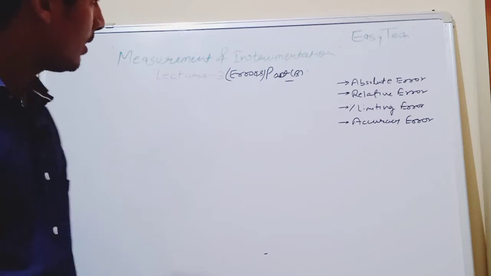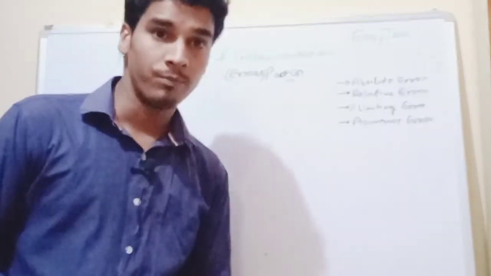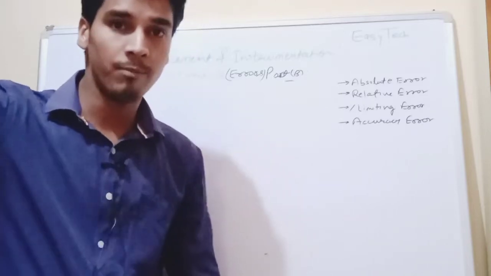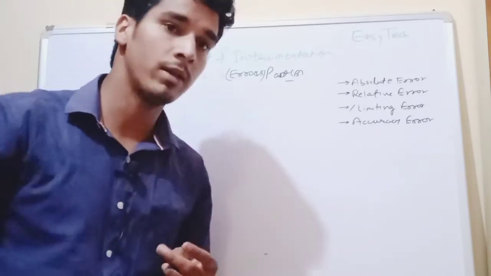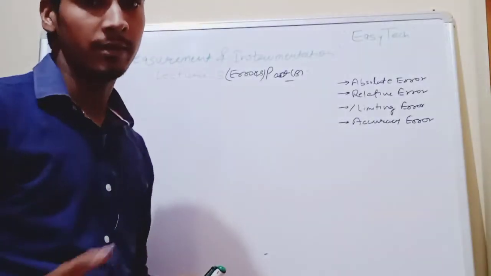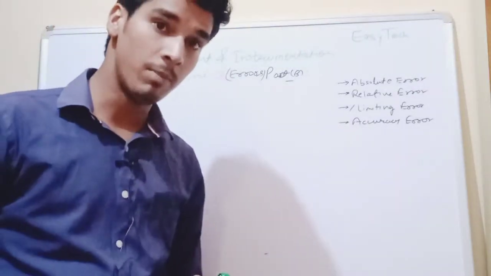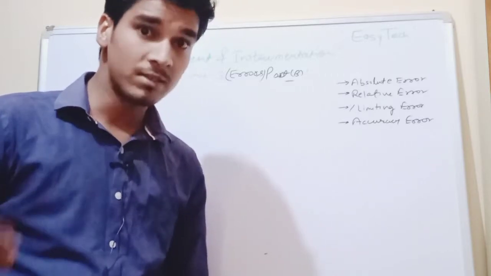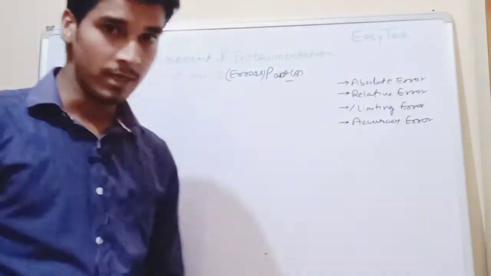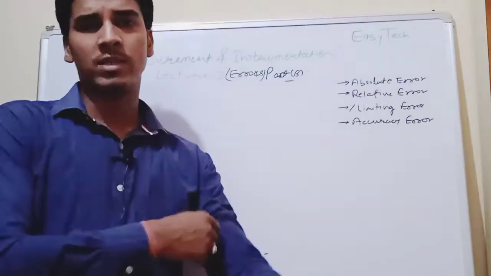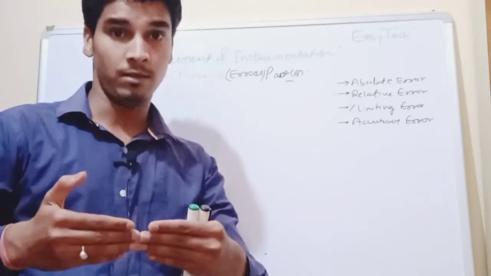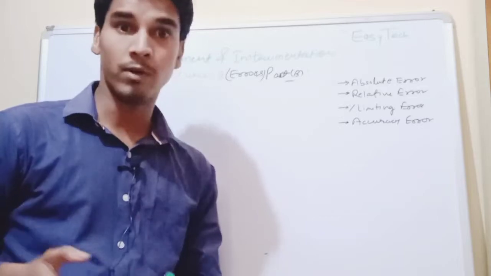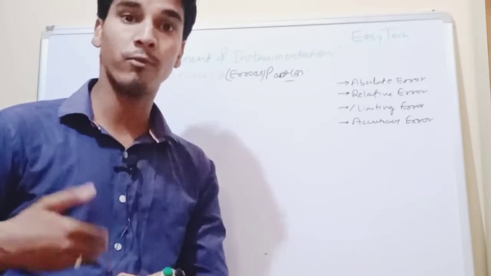In lecture two, I promised that I will complete error analysis with the help of two numericals: whenever resistances are connected in series and whenever they are connected in parallel, where their true values and percentage limiting errors are given. Like when you add 5 ohm and 5 ohm in series, the equivalent resistance will be 10 ohm, and in parallel it will be 5 by 2, that means 2.5 ohm.